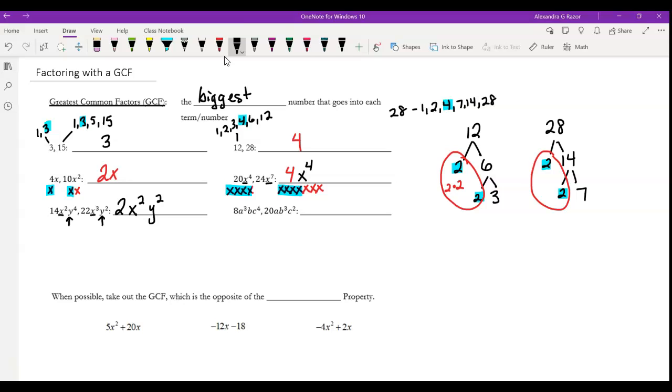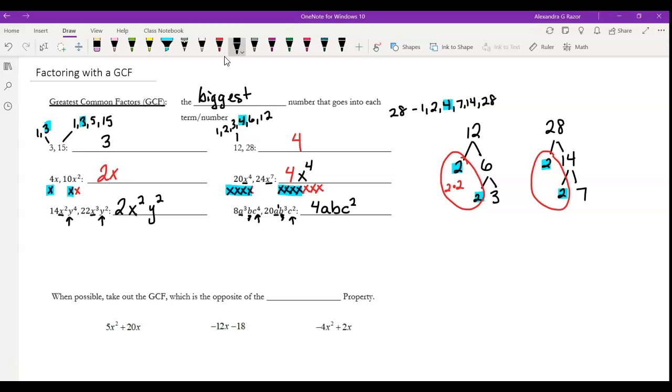The biggest number you should have gotten was 4. Now we look at the A's. I have 3 A's, and it doesn't say a number, but you see 1A there. So that means the most I could take out is 1A. I got a B and 3 B's, so the most I could take out is 1B. And I have 4 C's and 2 C's, so the most I could take out is 2.